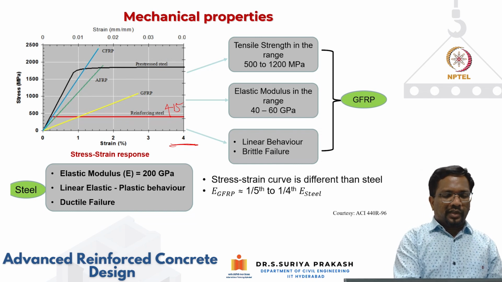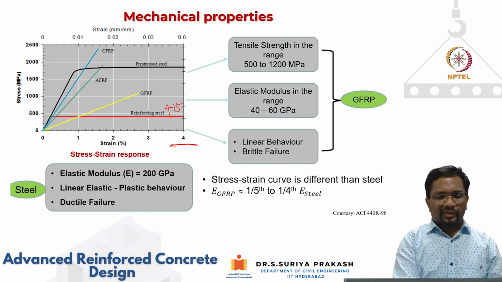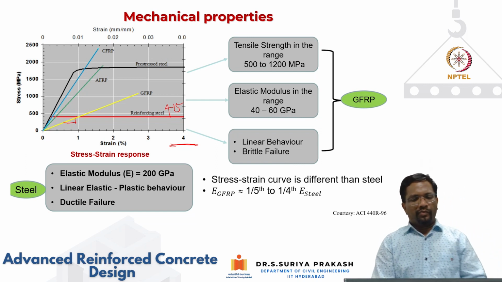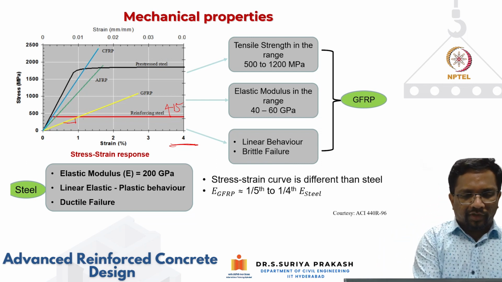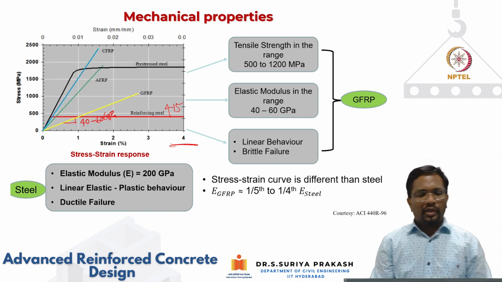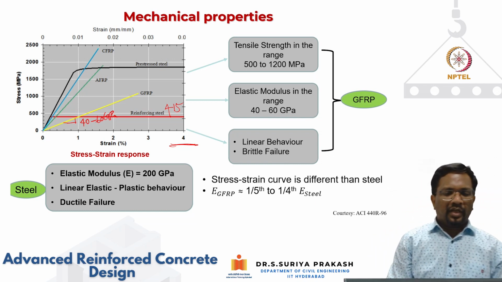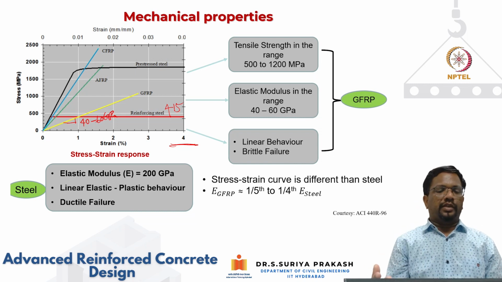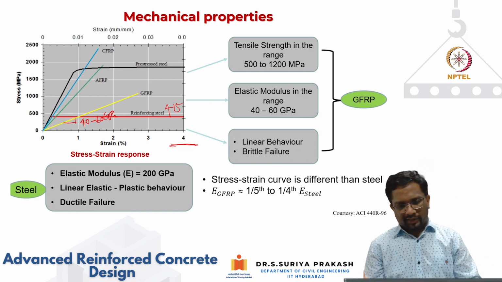The elastic modulus for steel is 200 gigapascal, but for glass, you end up with 40 to 60 gigapascal. That is one of the disadvantages of this material: it has low elastic modulus. But if you're using carbon, you can get as close as possible to that of steel, or sometimes even a higher elastic modulus.